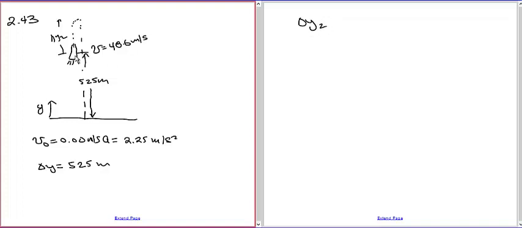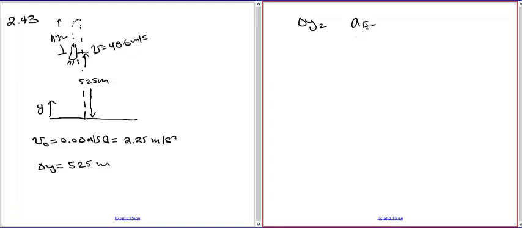So we're going to find the displacement from here to here. So what we know is the acceleration is negative 9.81 meters per second squared. The initial velocity for the second part, starting here, is the final velocity for the first part. And the final velocity at the peak is 0.